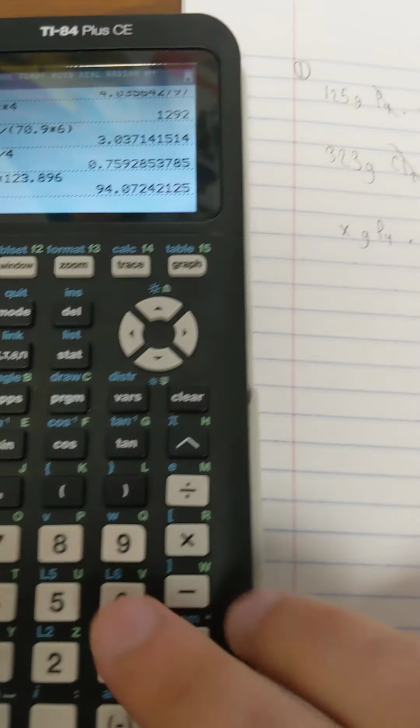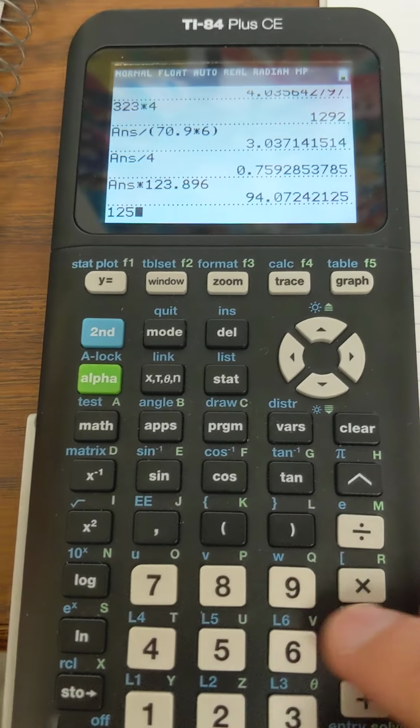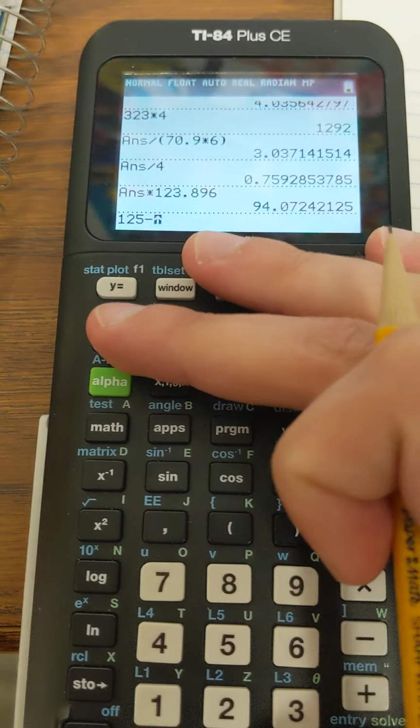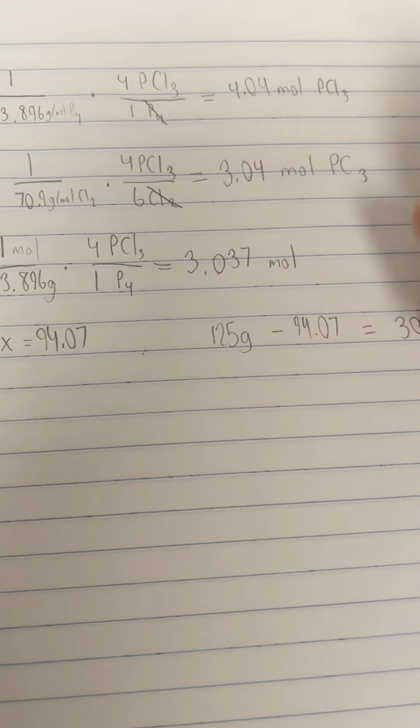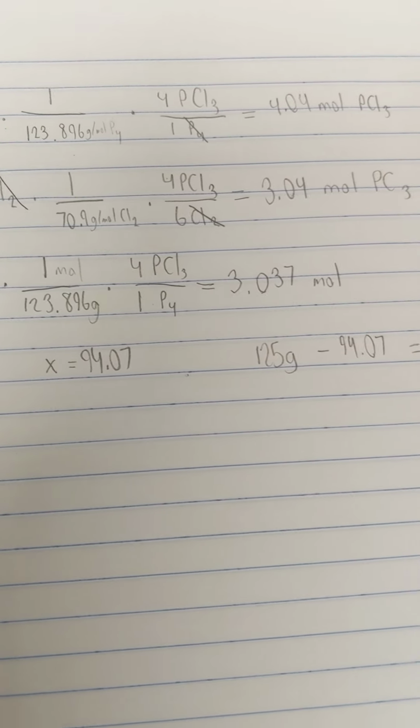And that gets us 30.9 grams of P4 will remain.